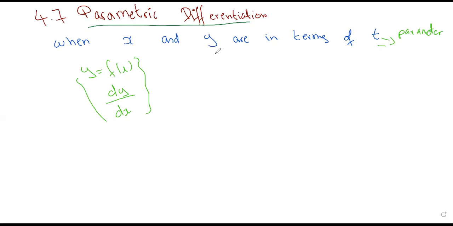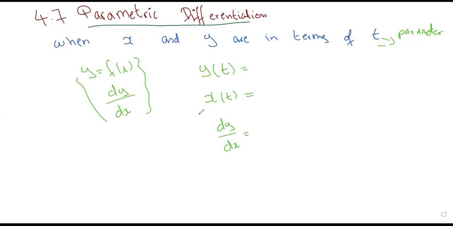You would not be having a y only. You'll have two functions. First function would be y equals something, second function would be x equals something, and both these functions would be in terms of t. But the question here would still be find dy by dx. Okay, we have been finding dy by dx for the last 2 to 3 days, right?